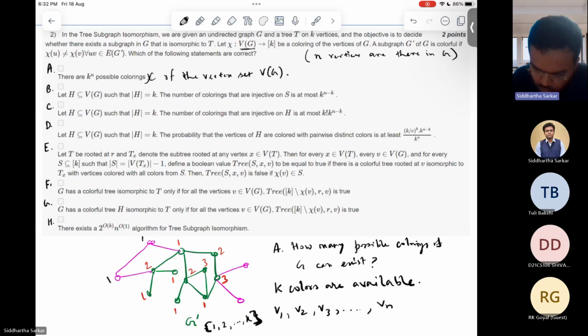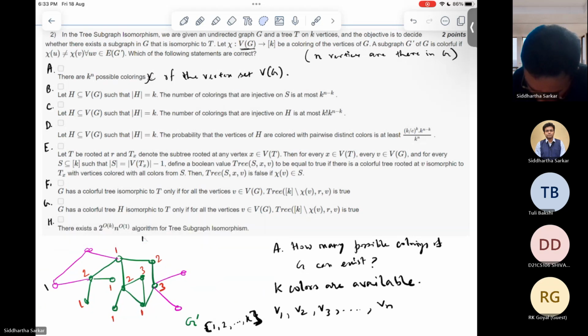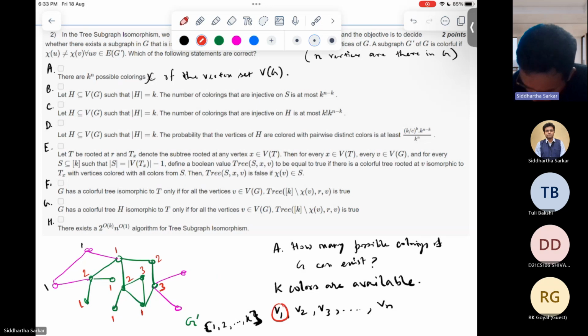So for this vertex v1, you have k possible choices of assigning a color. For the second vertex, again you have k possible choices. Third vertex, again k possible colors. For all vertices, you have k possible colors.